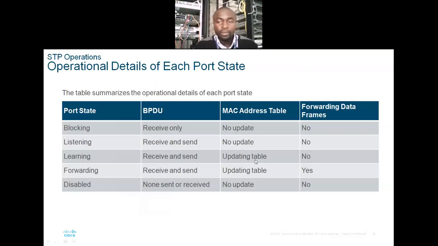Once it is in its forwarding state, it can receive and send, it can update the table, and it can forward data frames. But once it is disabled, it cannot receive nor send, and no updates at all.